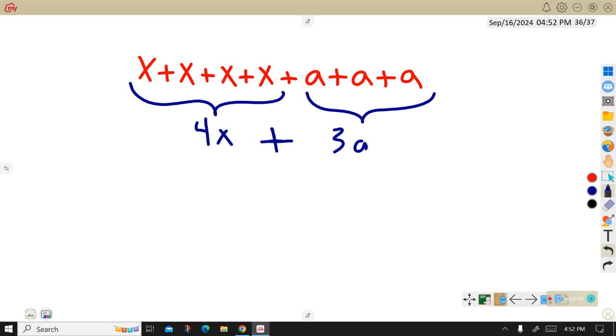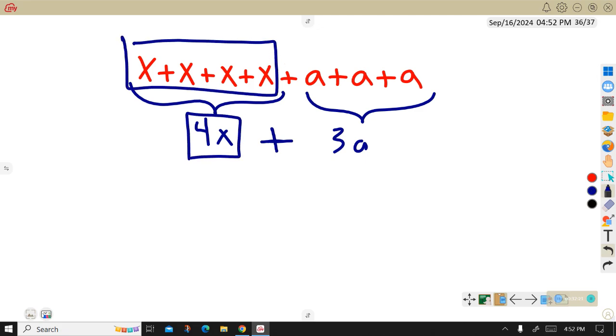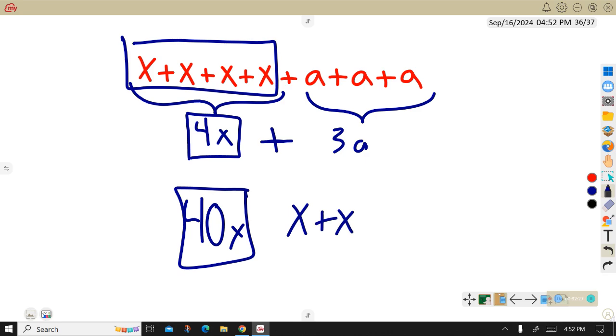So the idea is, if I had a lot more x's and a lot more a's, which one is easier to write? To just write 4x or to write all of these, right? And then what if it's 40x, right? This is much simpler to write than to write x plus x plus x plus x plus x plus x. You get the point. I'm not going to bother writing them all, okay?